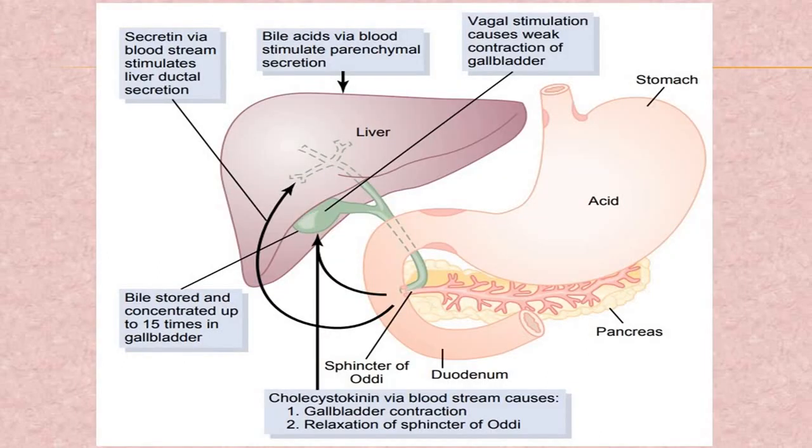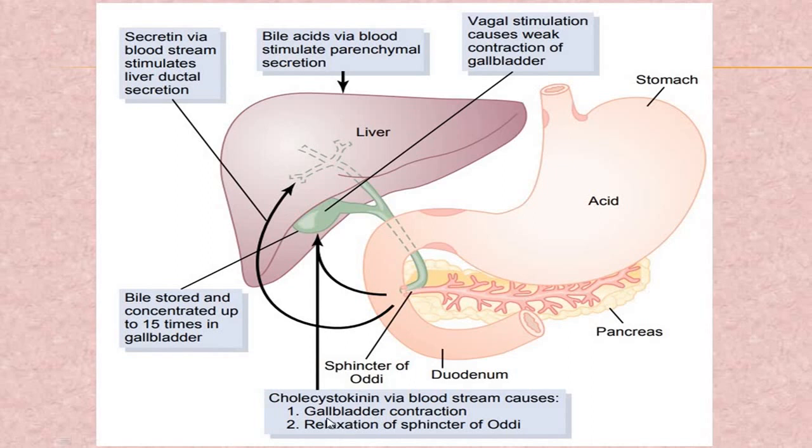This is another figure that shows the release of bile. You can see that when food comes from the stomach into the duodenum, the walls of the duodenum secrete cholecystokinin. In this figure, only cholecystokinin is given. Cholecystokinin enters the blood and stimulates the gallbladder.